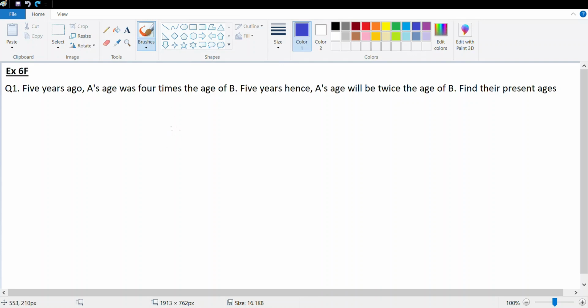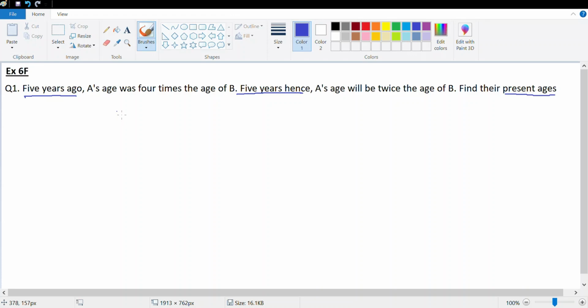5 years ago, A's age was 4 times the age of B. The way I prefer to solve it is I first make a table, write the details given, and then form the equation. We are looking at a time frame which was 5 years ago, A's age was 4 times the age of B, 5 years hence, which is 5 years from now, and present ages, so 3 time frames.